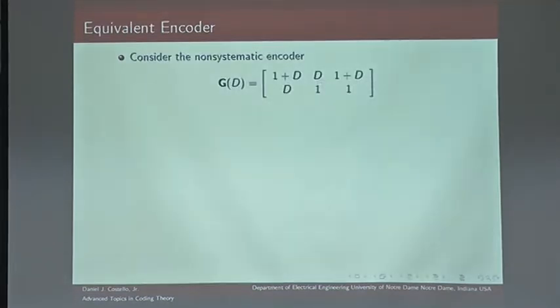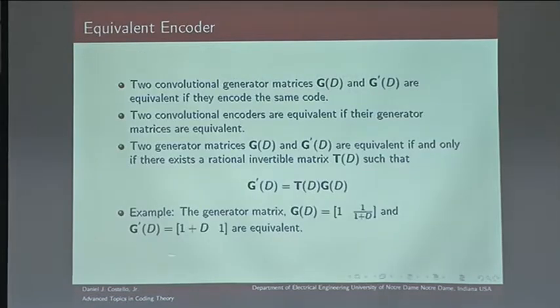Now, in terms of systematic encoders, you can always take a non-systematic encoder and convert it to a systematic encoder. One of the things you want to be careful of is, generally speaking, you'd like to use an encoder, and I think you can see a little bit with this example of equivalent encoders, once these encoders get a little bit more complicated than the kind of simple examples we consider here, there could be a lot of equivalent encoders which would generate the same code.